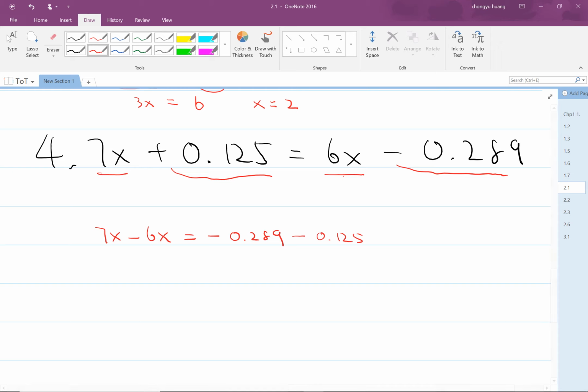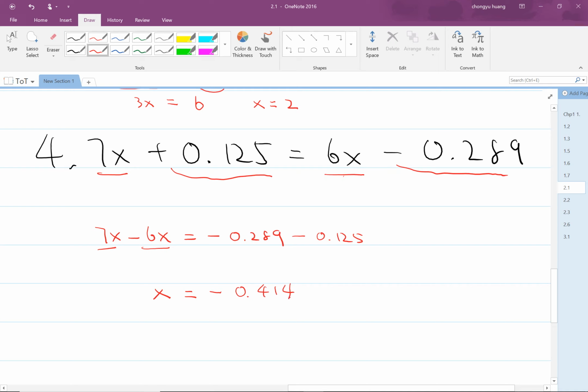So now we are actually on the right track. Now we have 7x minus 6x, so it's going to be a single x, and x is going to be negative, so what we have over here is negative 0.289 minus 0.125, right? The answer over here is negative 0.414.